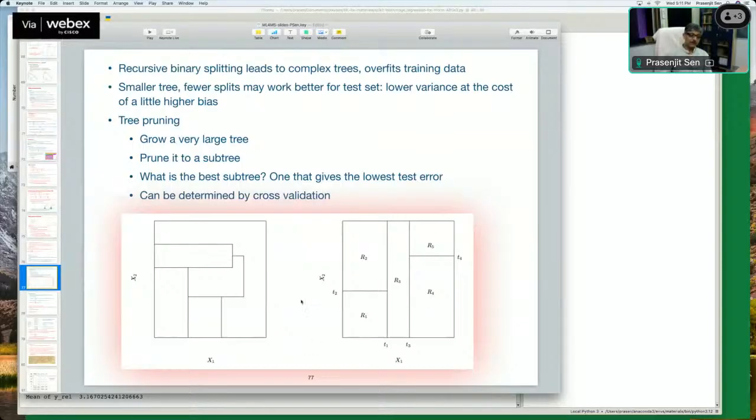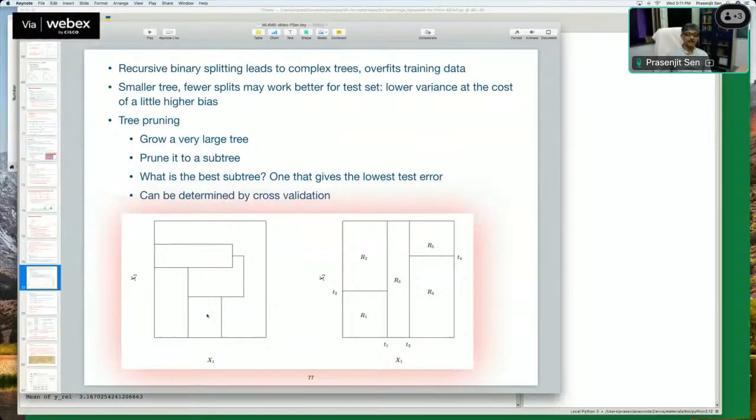But look at the figure on the left. You can never arrive at a tree like this by recursive binary splitting, because in recursive binary splitting you are always splitting along a particular feature all the way. But here you have shapes like these. So this cannot be obtained from recursive binary splitting.